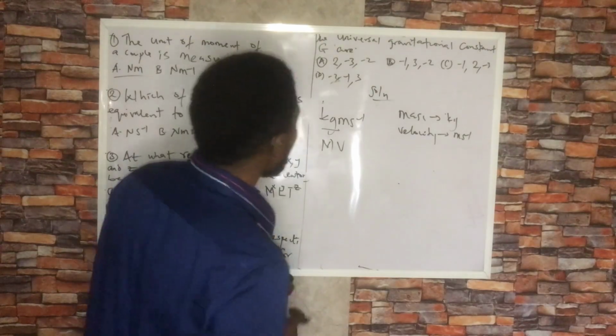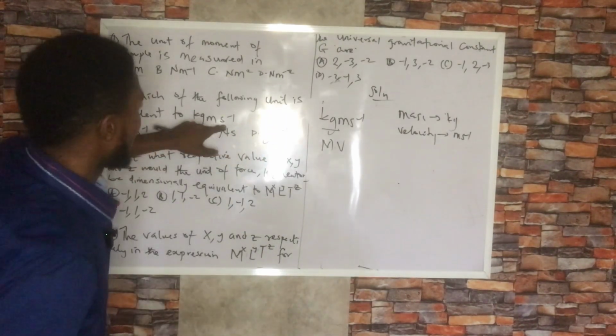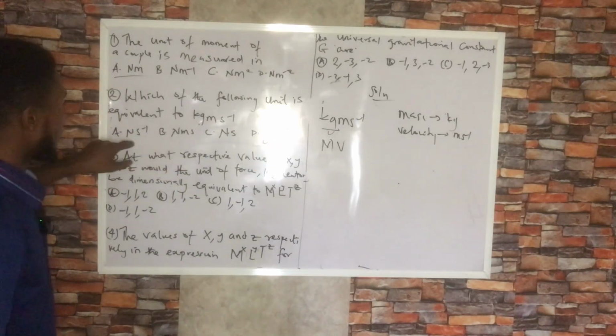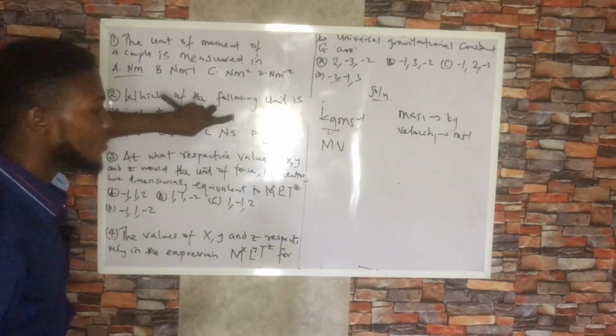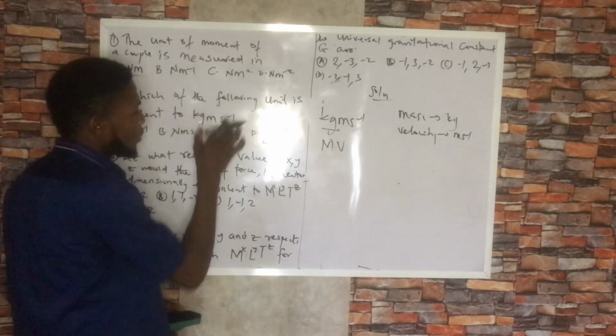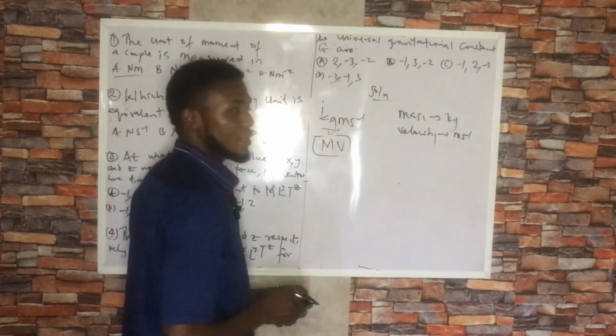So the question is simply asking, we've been given a derivation, which of these options is similar to this particular dimension. What we have here is mass times velocity.